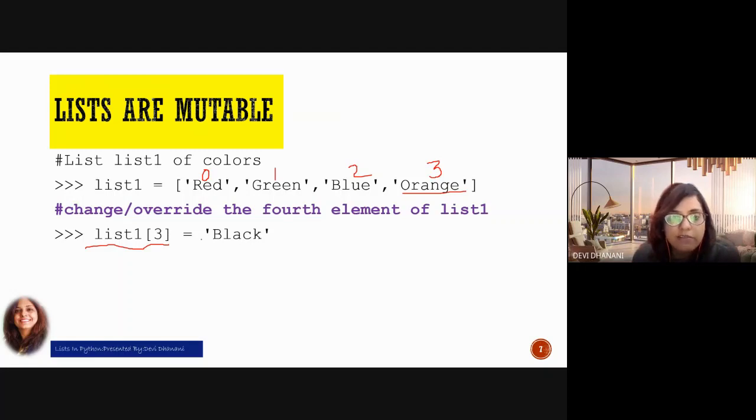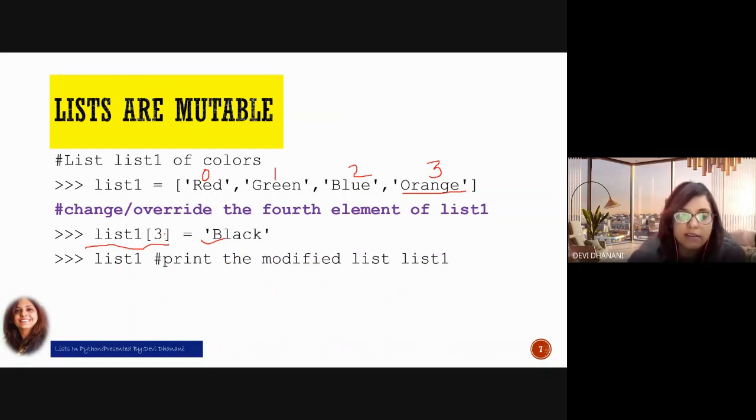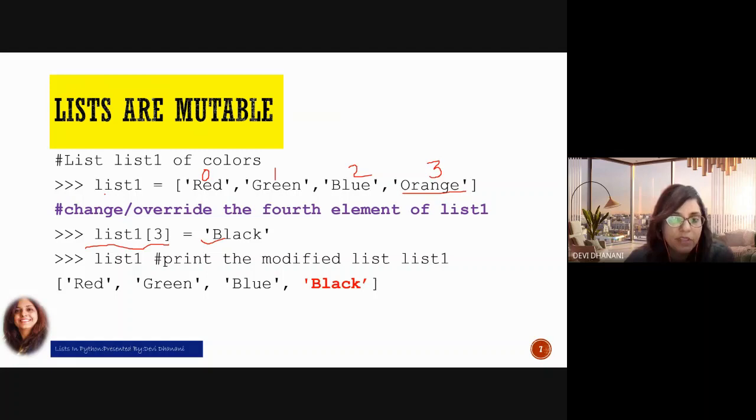If at all I wish to change the value, I can do that. I have assigned over here black to the 3rd index value. Now let's see how it works. Once we try to print the list, you will see that the 4th value gets overridden.